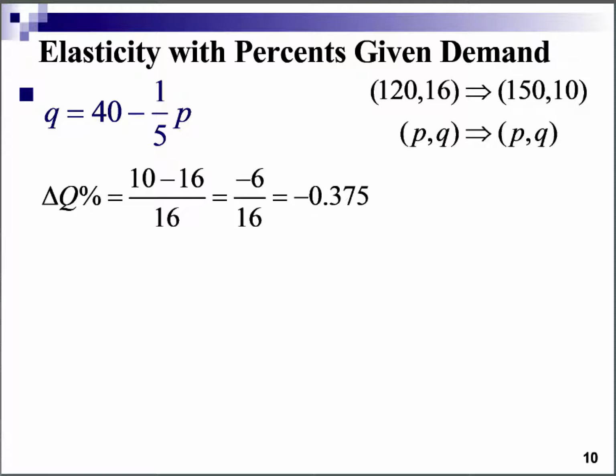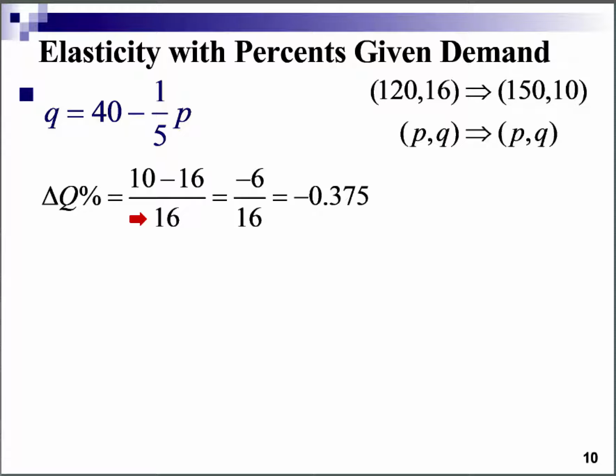The percent change for any item can be found by looking at the new value, so our new quantity in demand is 10 items, minus the original, which is 16. So new minus original is 10 minus 16, and then you divide by the original value of 16 in order to get the percent change.